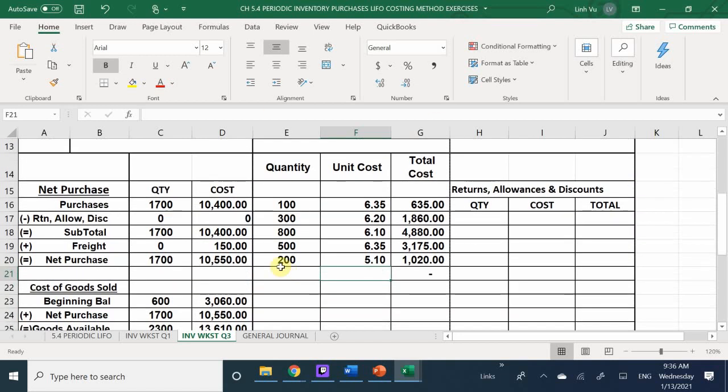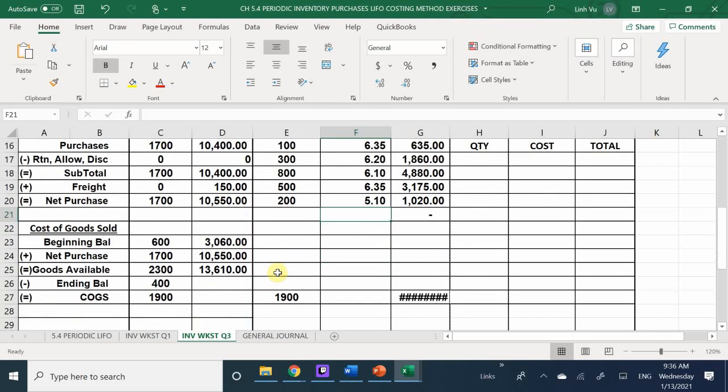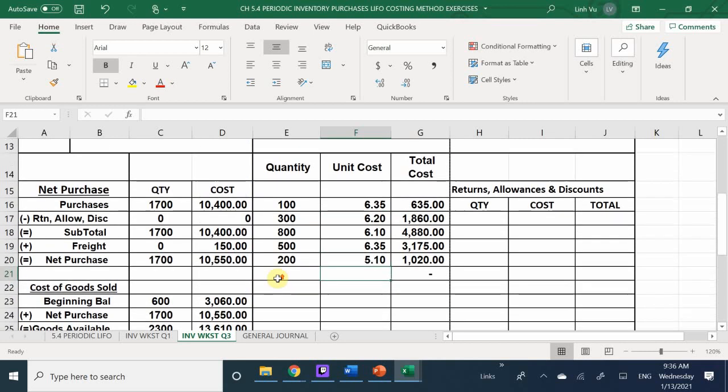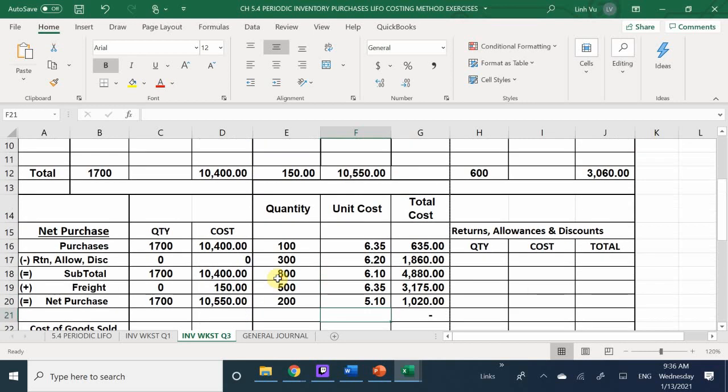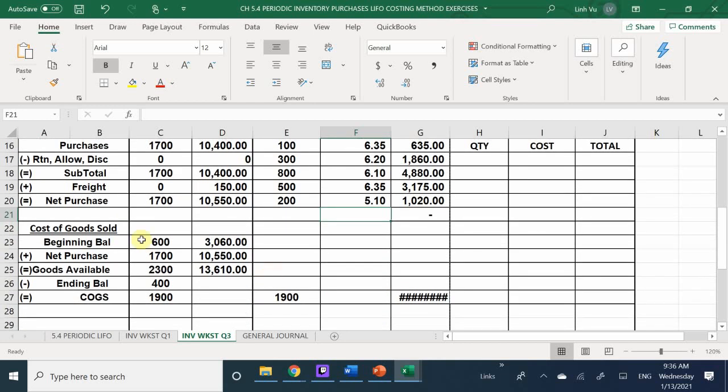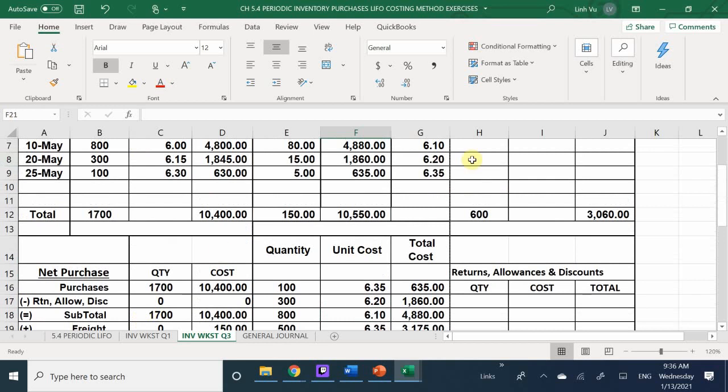So notice this, okay? If you guys can picture this, another quicker way to see it is, well, if this is my last in and first out, right? If I were to just imagine it this way, if I sold a total of 1,900, my total net purchases was only 1,700.